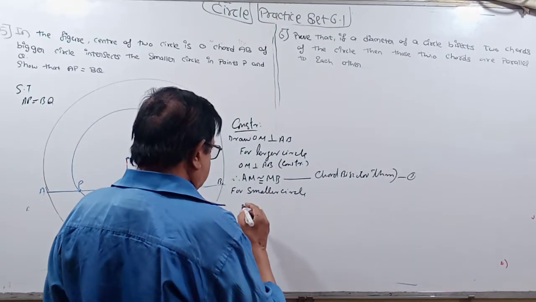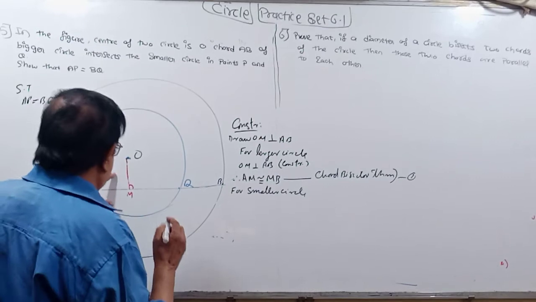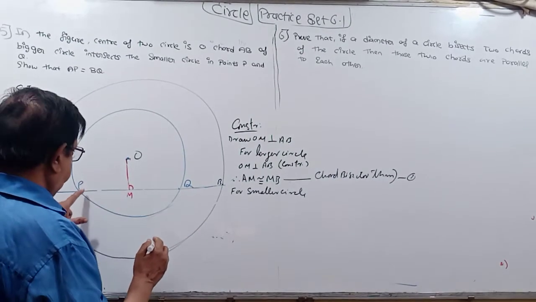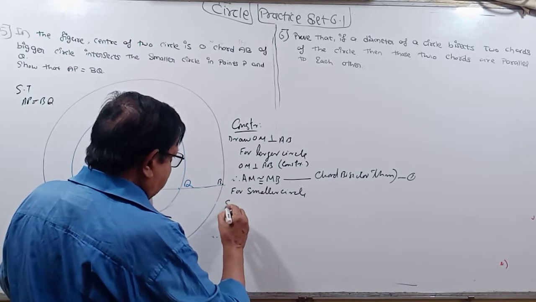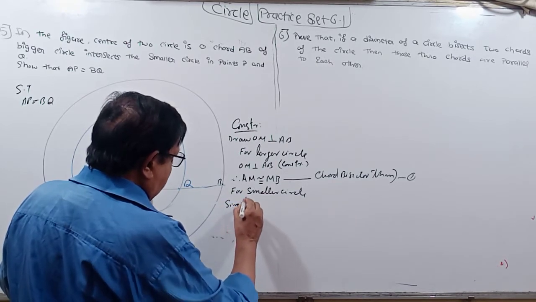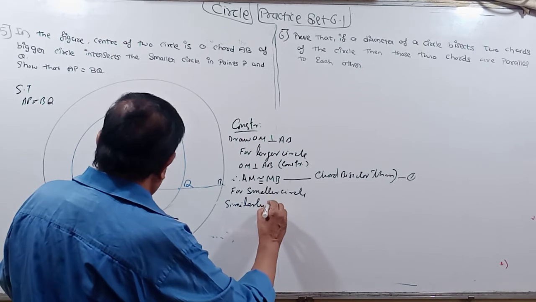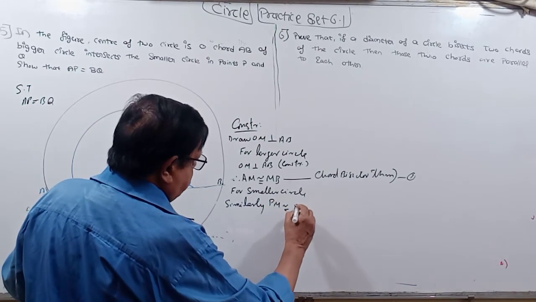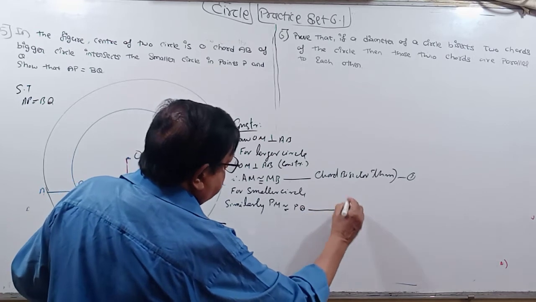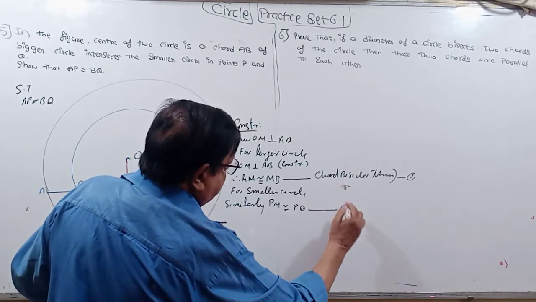For smaller circle, similarly, PM congruent to MQ. That is true. Again, chord bisector theorem.